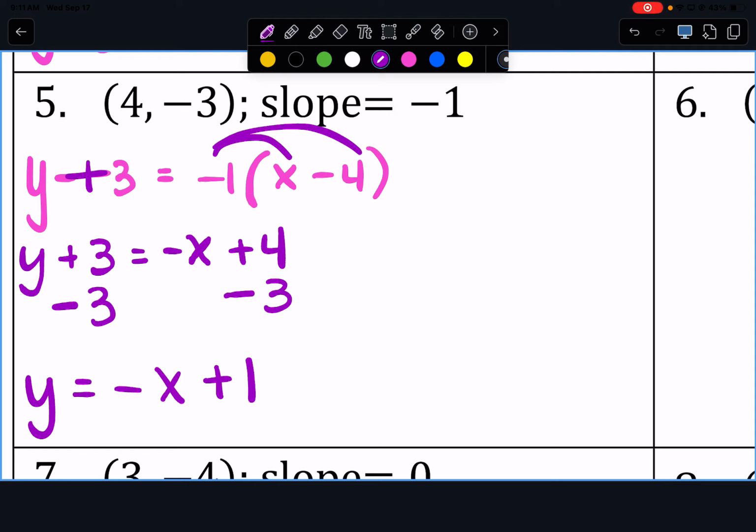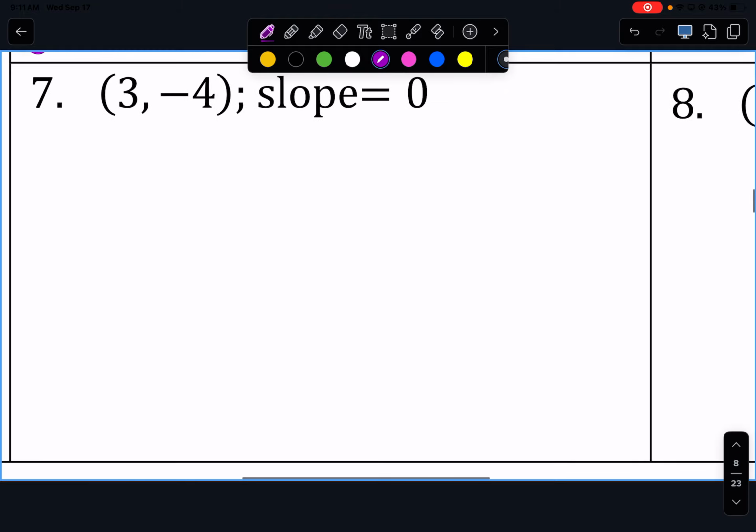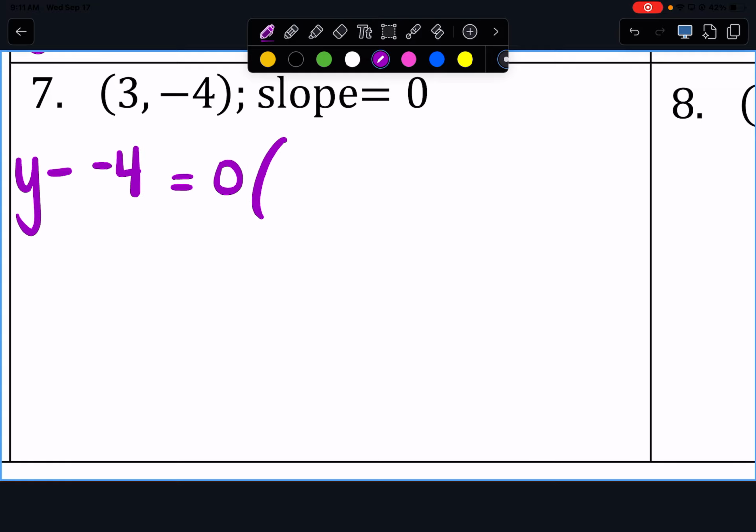And then we're going to look at question 7. For question 7, y minus negative 4 equals 0 times x minus 3. Yep, we subtract.